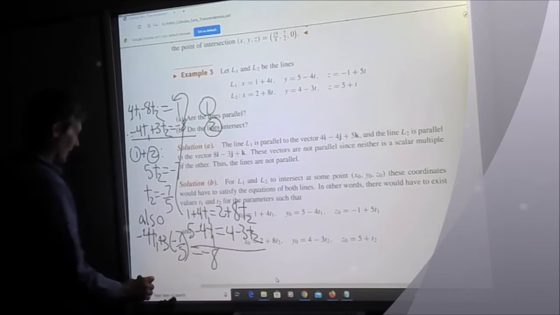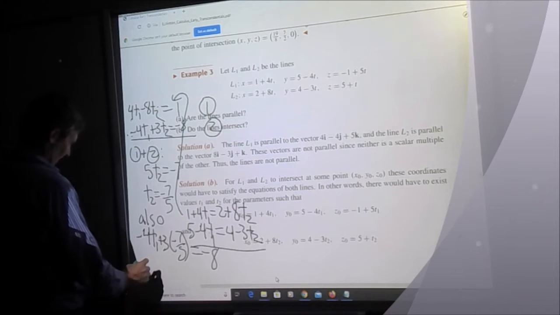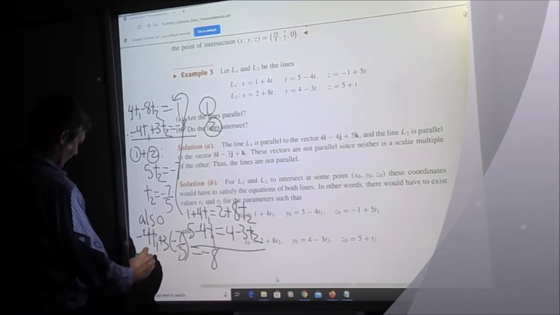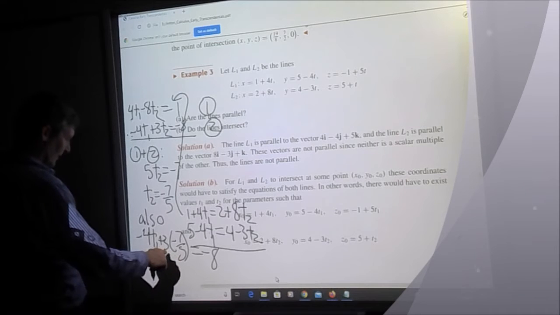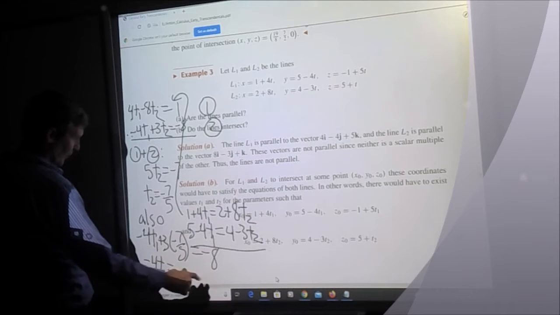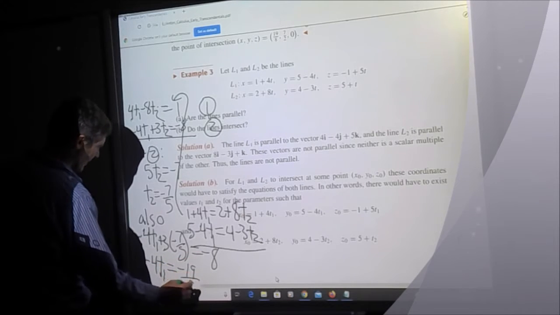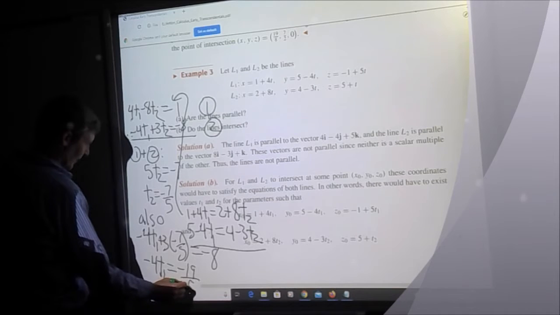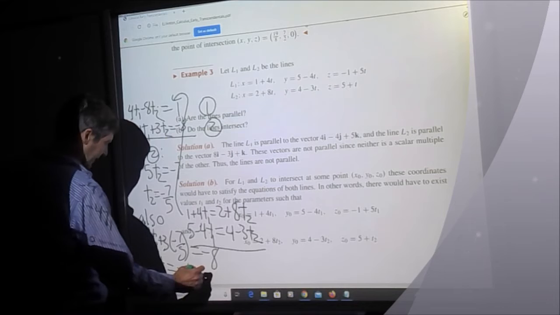Putting it into the second equation tells me that minus 4t1 has to equal, let's see, 21/5 minus 40/5 is minus 19/5. So t1 has to be 19/20.